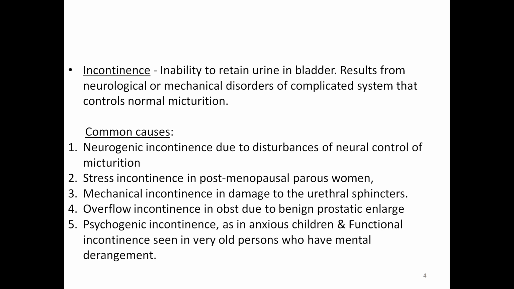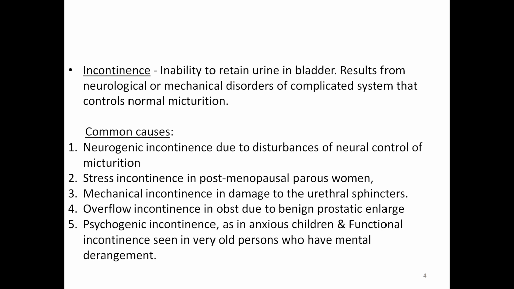One is neurogenic incontinence, which occurs due to disturbances of neural control of micturition. Then there is stress incontinence, which often occurs in postmenopausal parous women. Then there is mechanical incontinence, which occurs in case of any damage to the urethral sphincters.